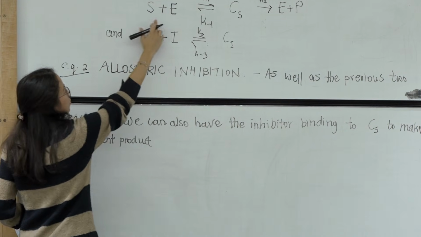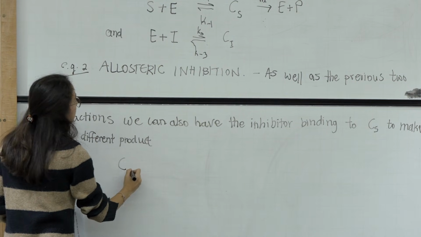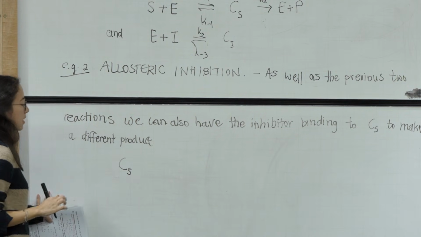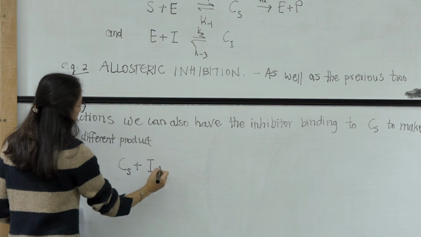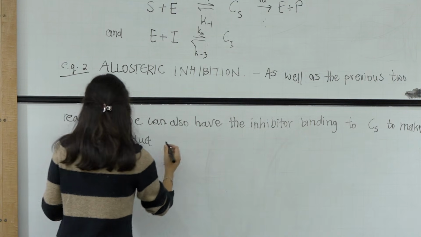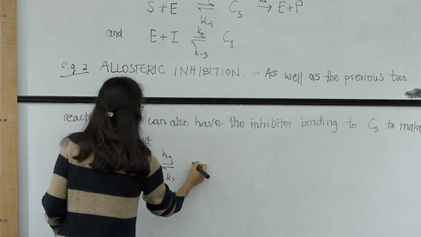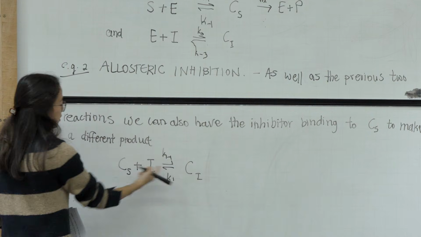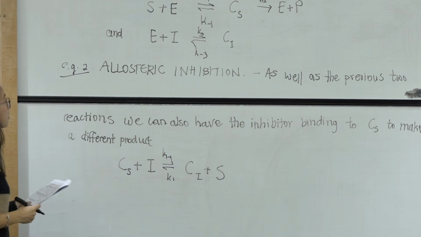So during this two-step process, I have that CS. It also acts as an enzyme now, and it will work as a catalyst here. It reacts with the inhibitor under some rate again. This is K minus 1. This is K1. And it gives me a complex for the inhibitor plus the substrate.